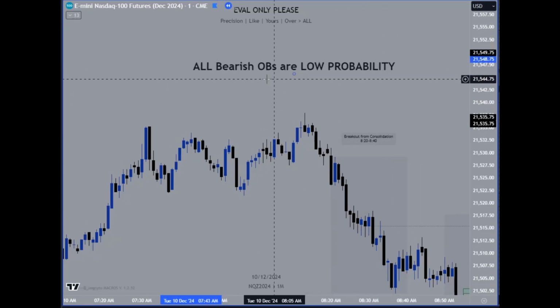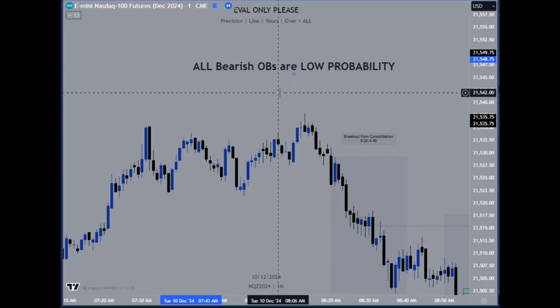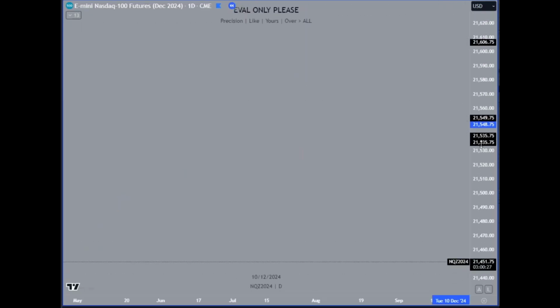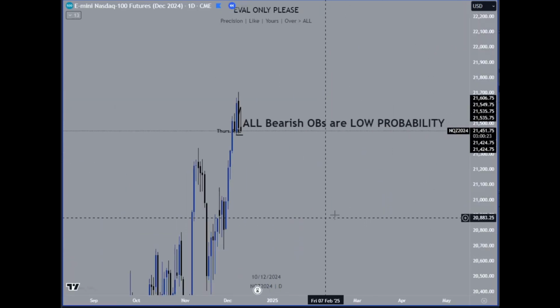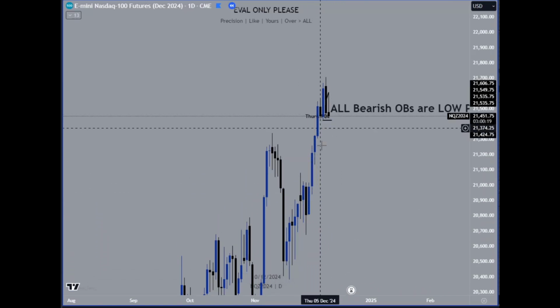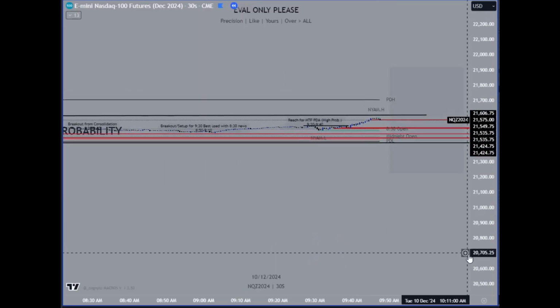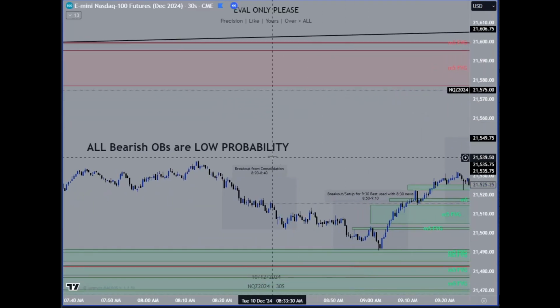The reason why all bearish OBs are low probability is because year after year, what does NASDAQ do? Let's go on the daily chart and let's see. Year after year, what does NASDAQ do? It only goes up. And if we're only going up on the higher time frame, why would your bearish 1 minute OB hold for more than just a few minutes or hours?